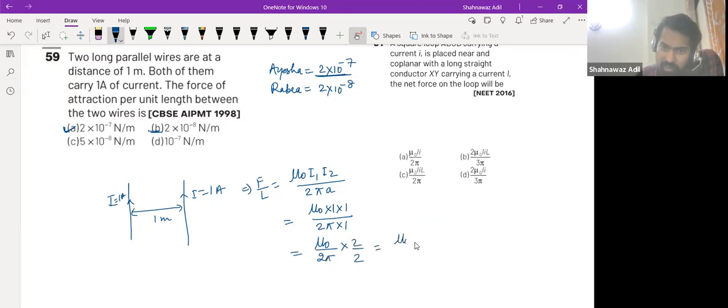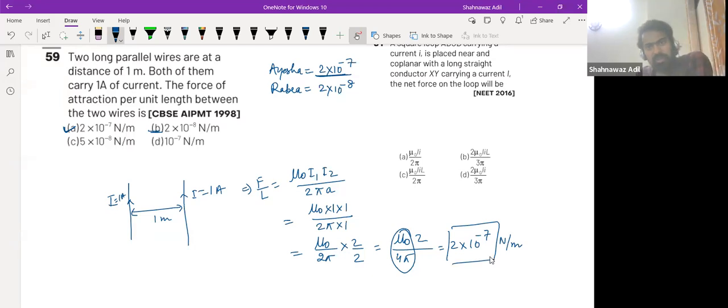So this is mu naught into 2 divided by 4 pi, right? Mu naught by 4 pi is how much? That is 10 to the power minus 7. So this would be 2 into 10 to the power minus 7, and this is force per unit length, right? So newton per meter. Did you understand this part, Rabia?